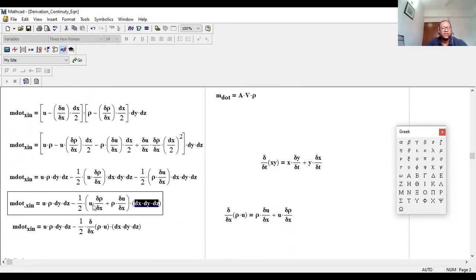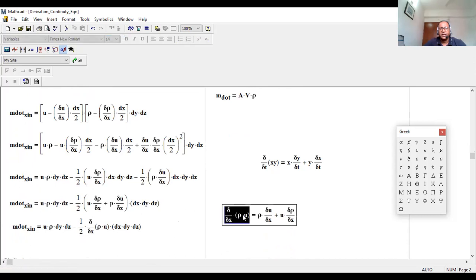So inside, u del rho by del x and rho del u by del x. So this term is equal to actually del by del x of rho.